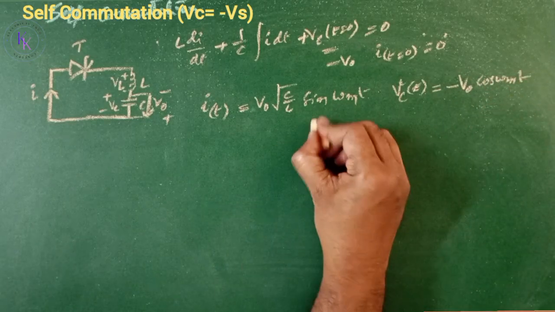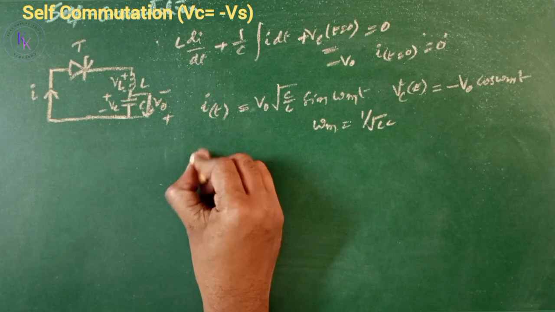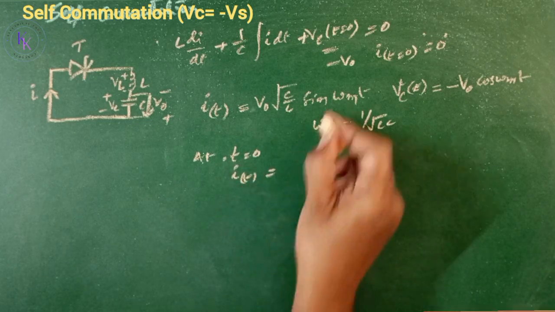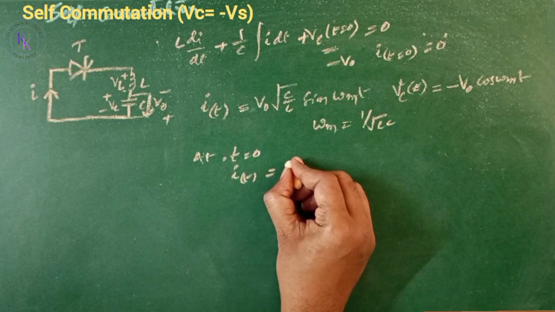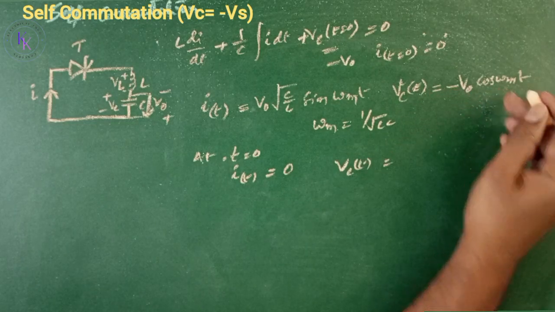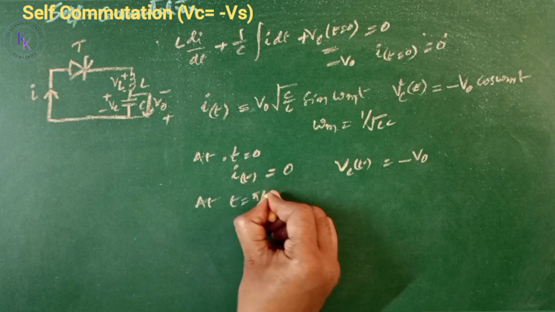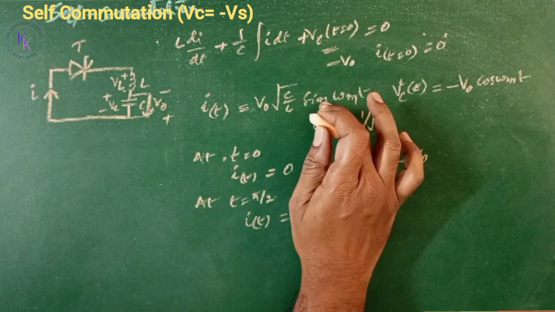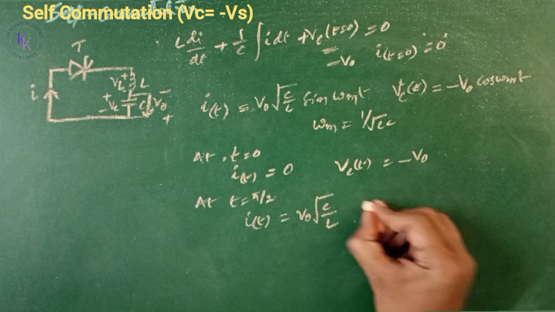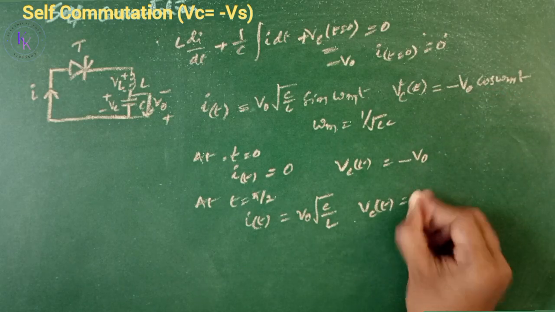And we know that omega m equals 1 by root LC. At t equals 0, I of t is 0, whereas Vc is, since cos 0 is 1, minus V0. Now at omega m t equals pi by 2, I of t is maximum, V0 square root of C by L, and Vc of t is 0.